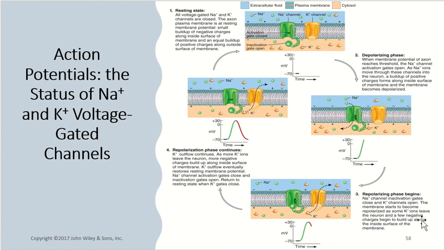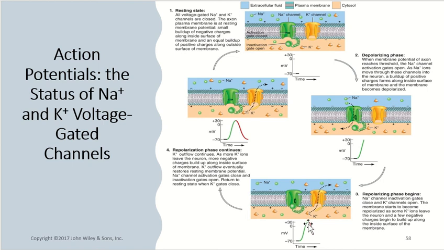All right. After the depolarizing phase, we then reach the repolarizing phase, which you can see here. The sodium channel inactivation gate is going to close. So those sodium channels are closed, and the potassium channels are going to open. The membrane is going to start to become repolarized as soon as those potassium ions leave the neuron, and a few negative charges are going to begin to build up along the inside surface of the membrane.